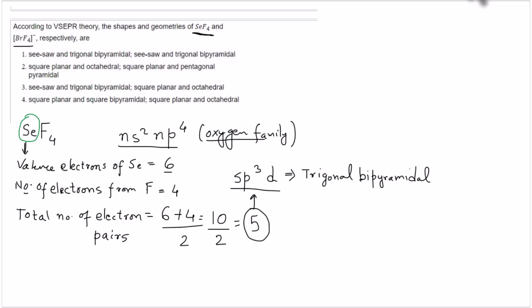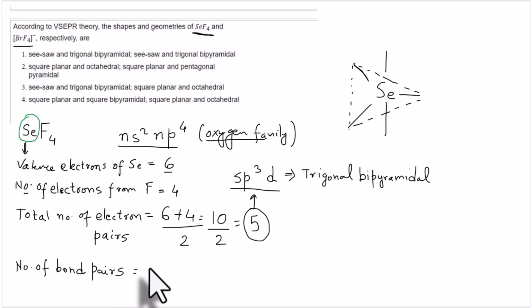And we know how trigonal bipyramidal geometry looks from the VSEPR theory. So if we put selenium like this, and then we have equatorial and axial bonds, 5 of them, something like this we get, which is the regular TBP geometry. Now what happens in this case?